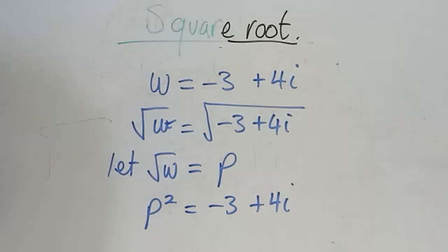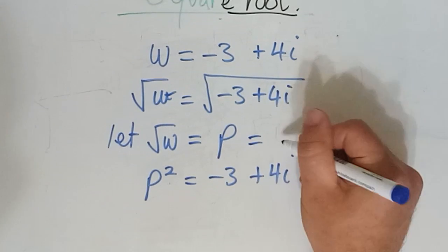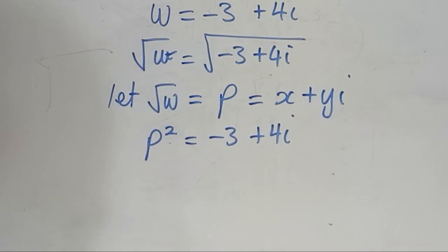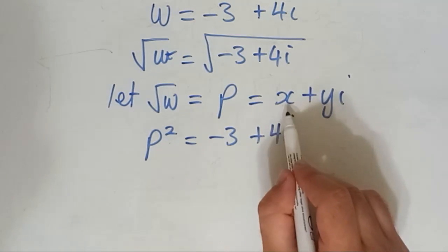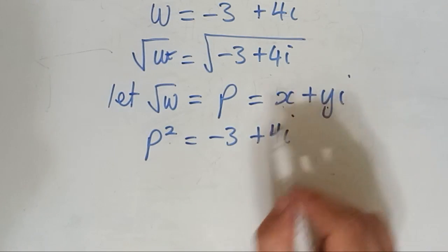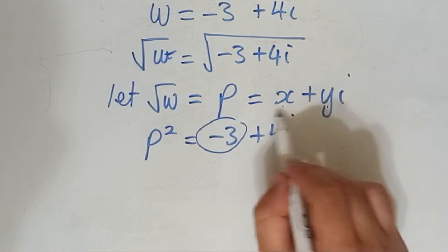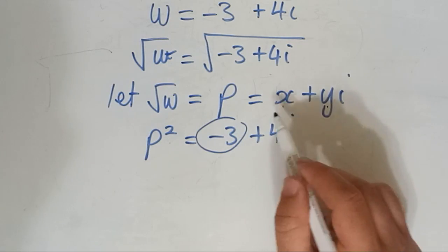But we also know P is going to be a complex number, where P is equal to x plus yi. If we square this number, the real part minus the imaginary part squared is going to equal negative 3, and double the real part times the imaginary part has to equal 4.